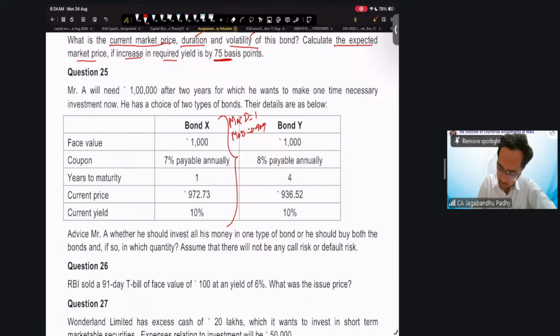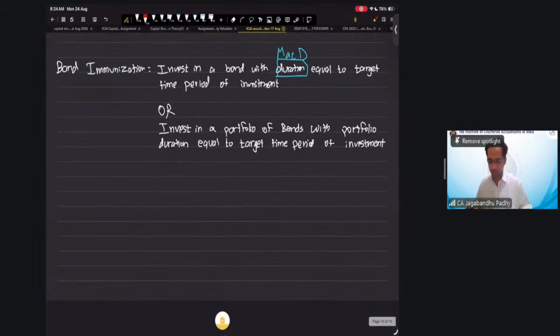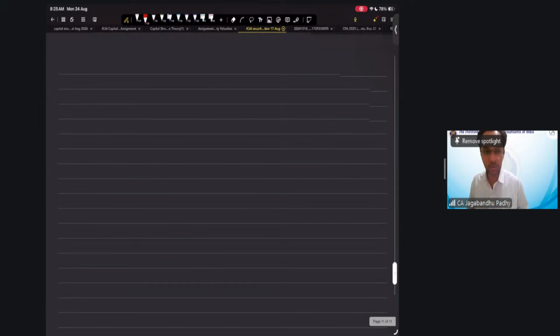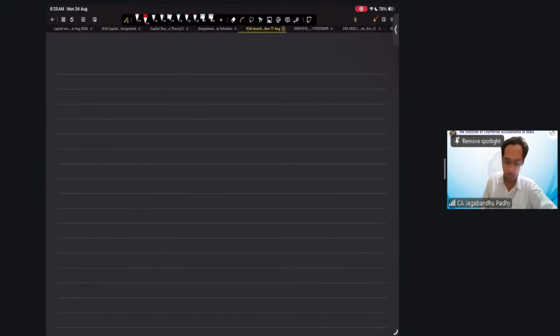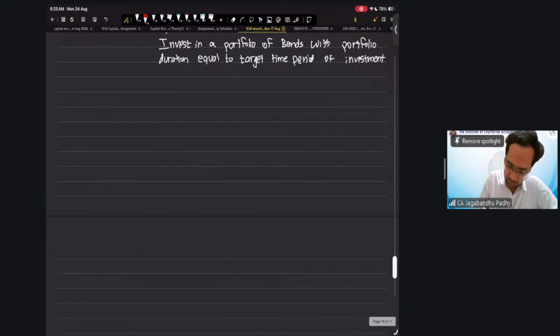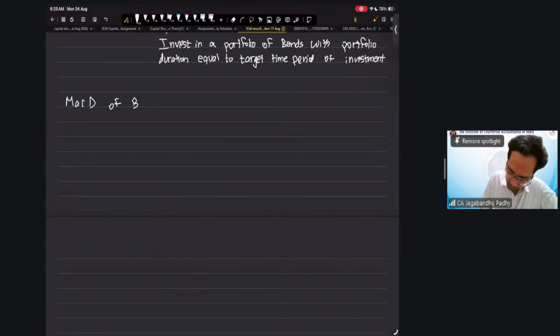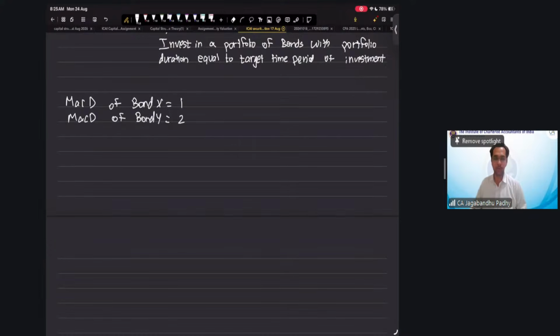So the Macaulay duration of bond X is 1 and the Macaulay duration of bond Y is 3.56.